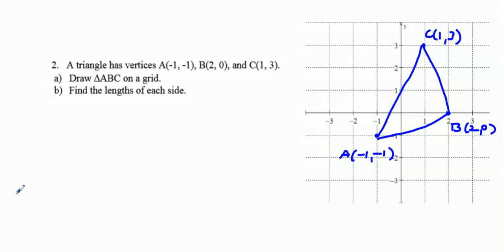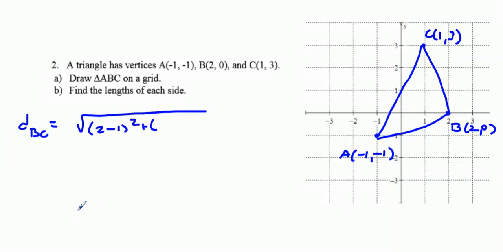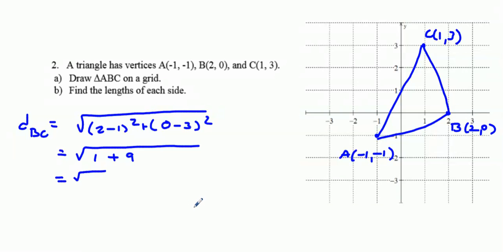So the distance of BC, for instance, is going to be the square root of 2 minus 1 squared plus 0 minus 3 squared. So that's 1 squared, which is 1, plus 9, which is the square root of 10 exactly.